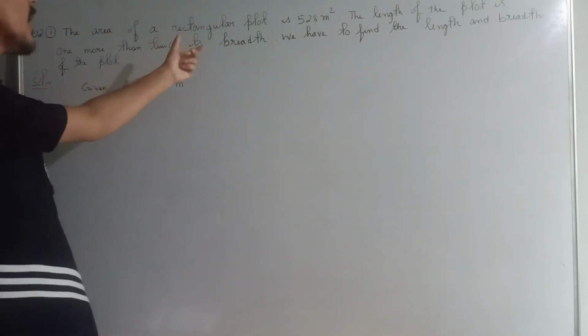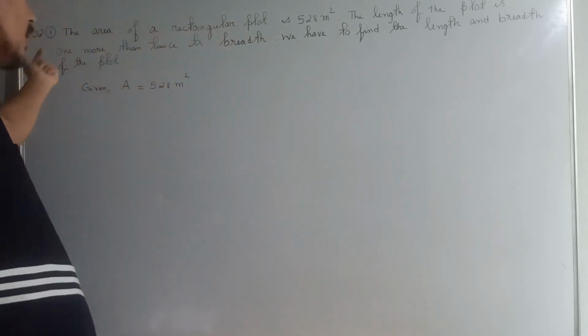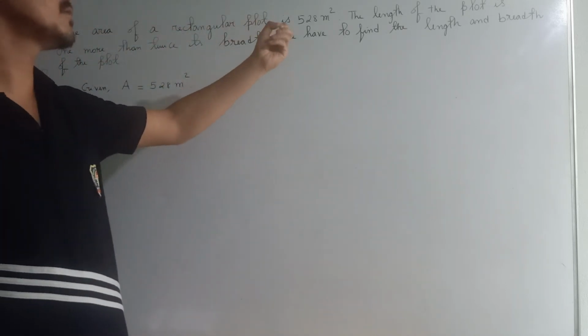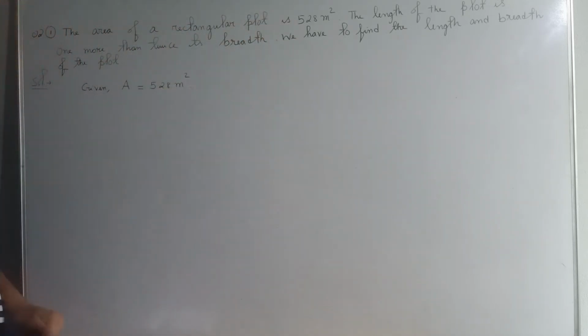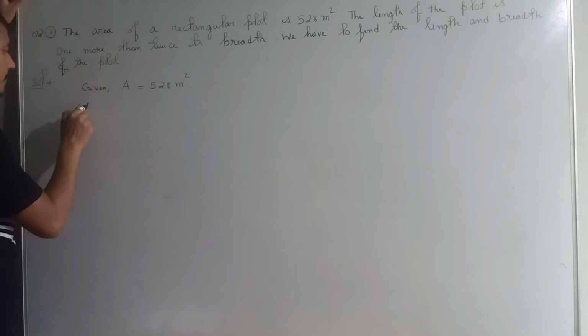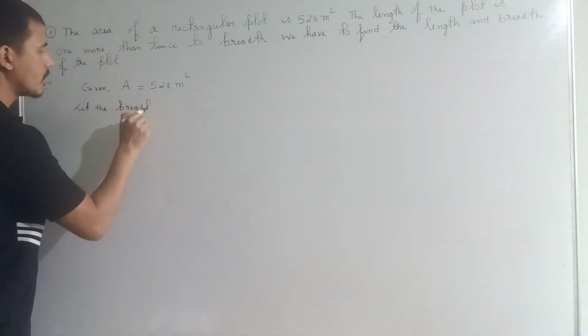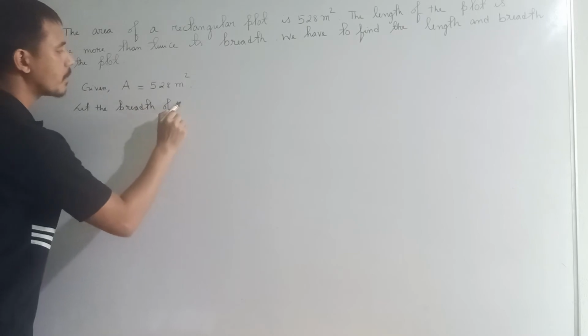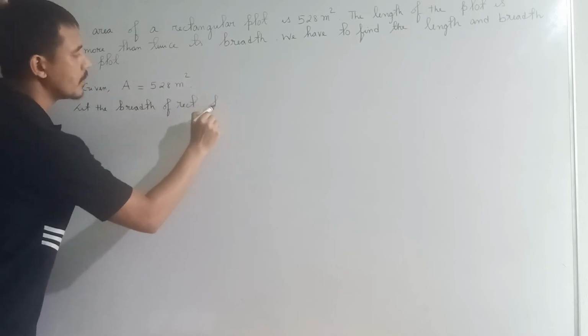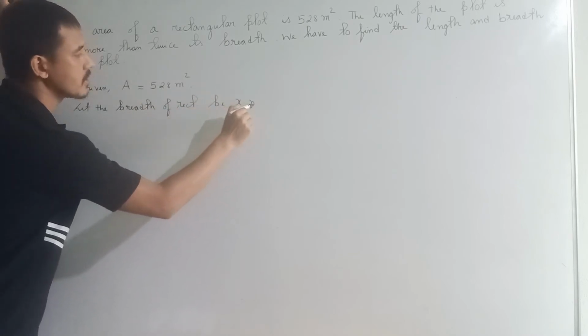If you multiply the breadth by 2 and add 1 more meter, then that gives you the length. But you need to represent breadth by a certain quantity. So what I'm going to do is, let the breadth of the rectangular plot be x meters.